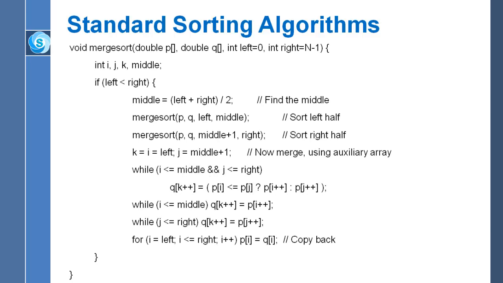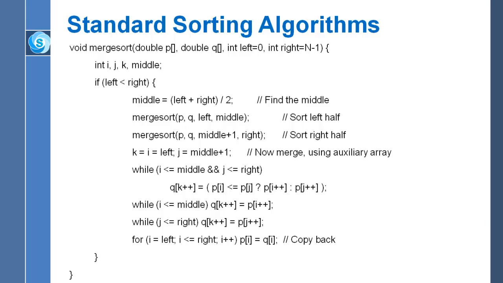Okay, so here's the guts of the code. First of all, let's look at the header. The original array that we want to sort is P. That's the first parameter. The auxiliary array, Q, is the second parameter. Then we have two integer parameters, left and right. And you have to be very careful here if you're not accustomed to it.